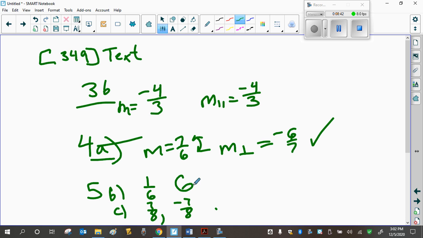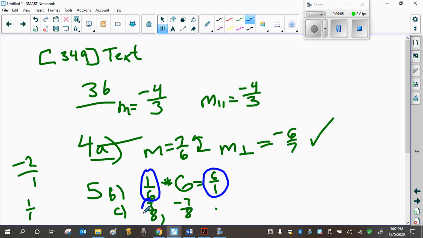Okay, first of all, we have to know that 6 means 6/1. If you see negative 2, that's negative 2/1. And even 1 is 1/1. Any number is over 1. So the question is, are these parallel, perpendicular, or neither? You got to really trust yourself on this one.